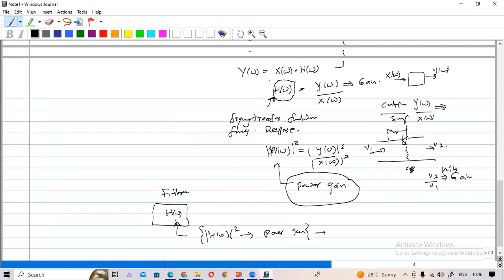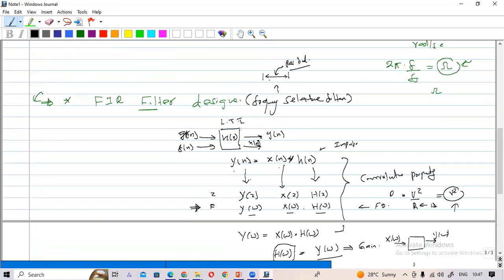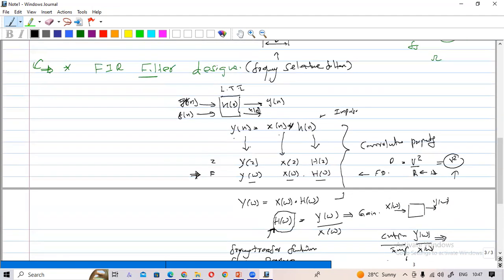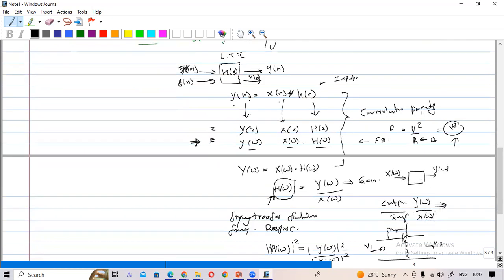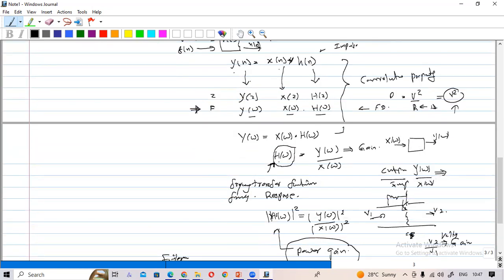But here, we are mainly concerned with designing a filter if the H omega is given. Actually, here designing a filter means we are finding the time domain signal, the time domain response. So this is the frequency response, and we are going to find the time response, that is the impulse response.